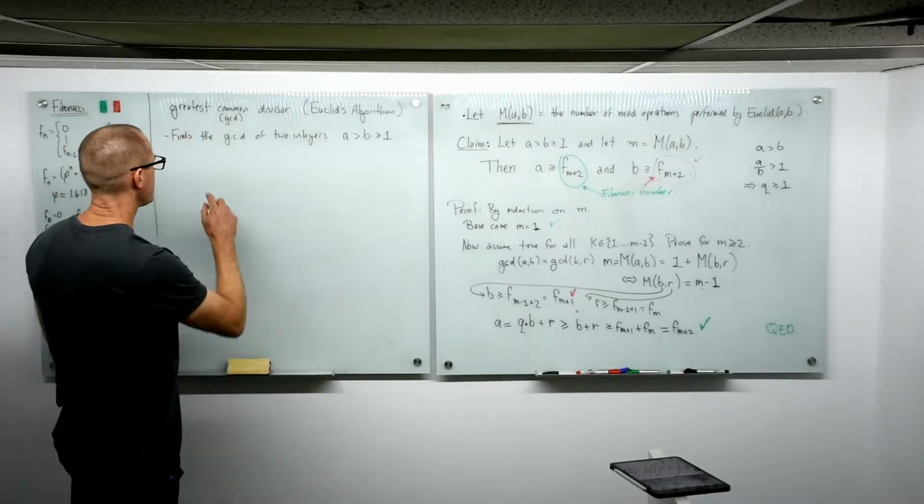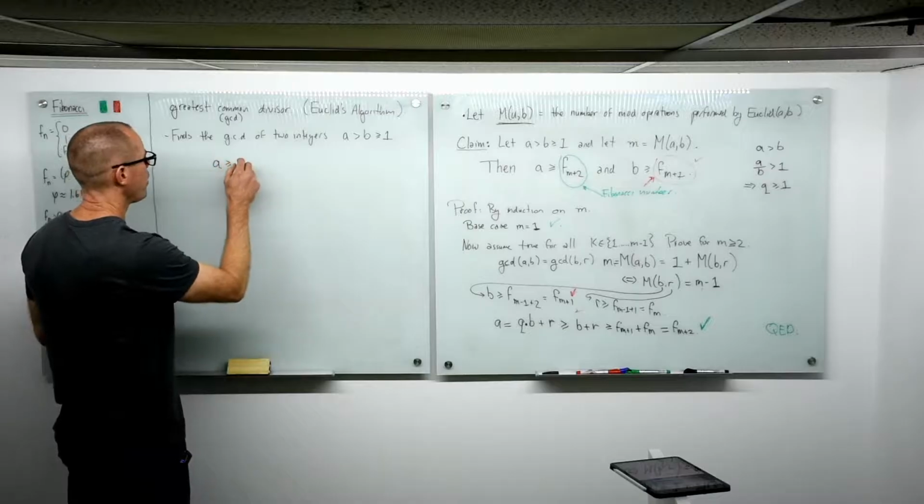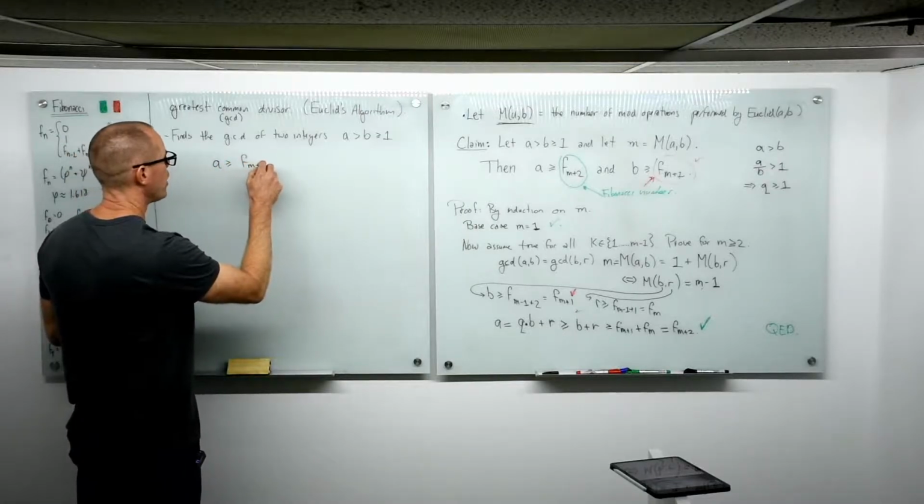So if it runs for m steps, a is bigger than or equal to F of m plus 2.